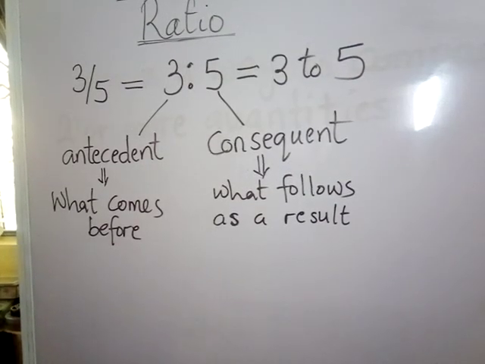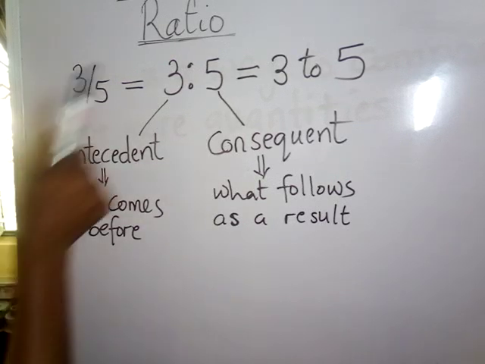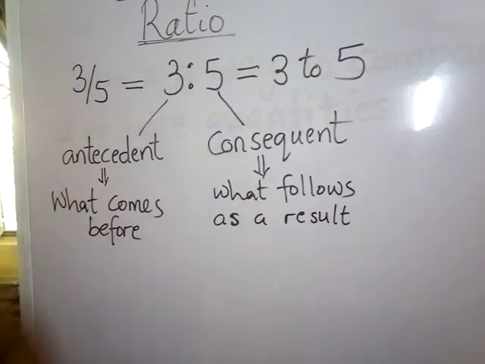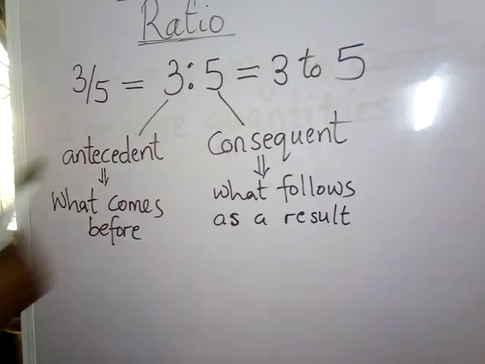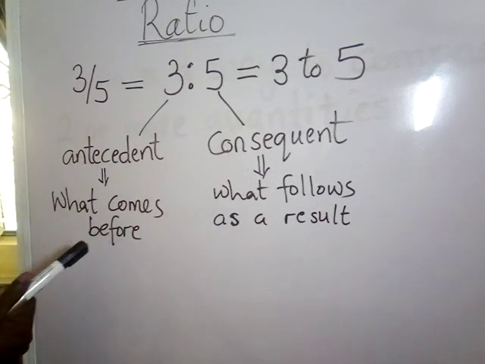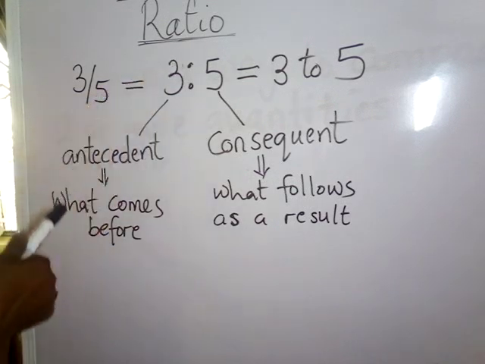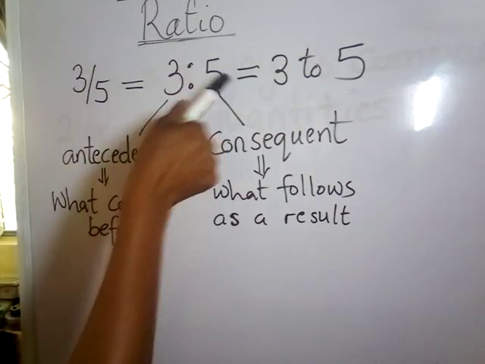Looking at our example here, the ratio 3 to 5, the first number that appears in your ratio is called the antecedent, and the number that follows after the colon is the consequent. Antecedent ordinarily means what comes before, and this number in the ratio comes first before the other one.